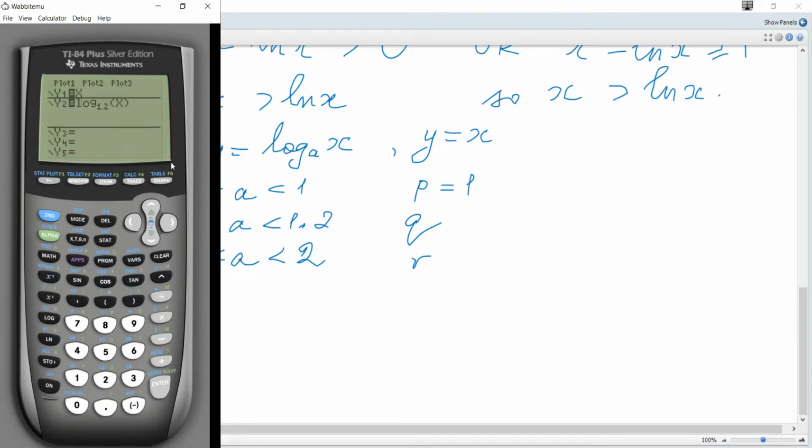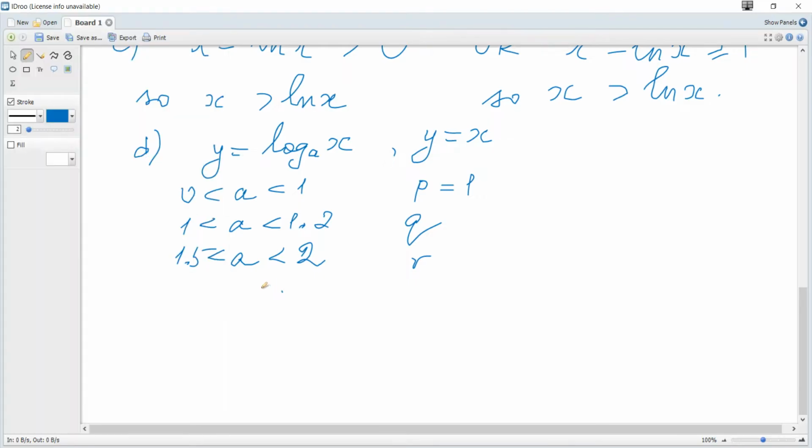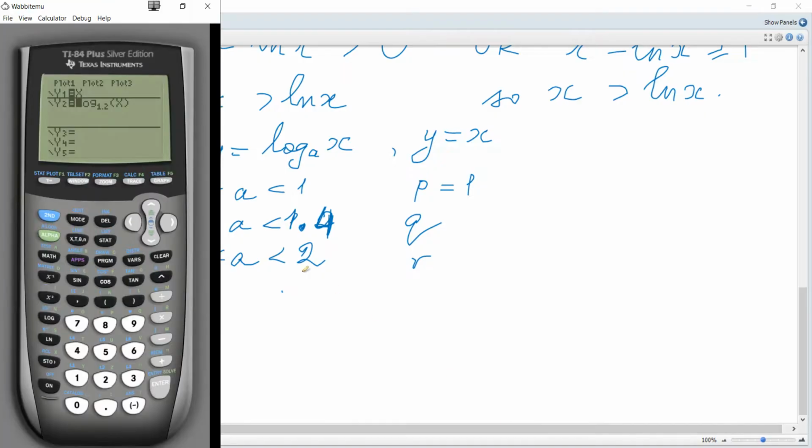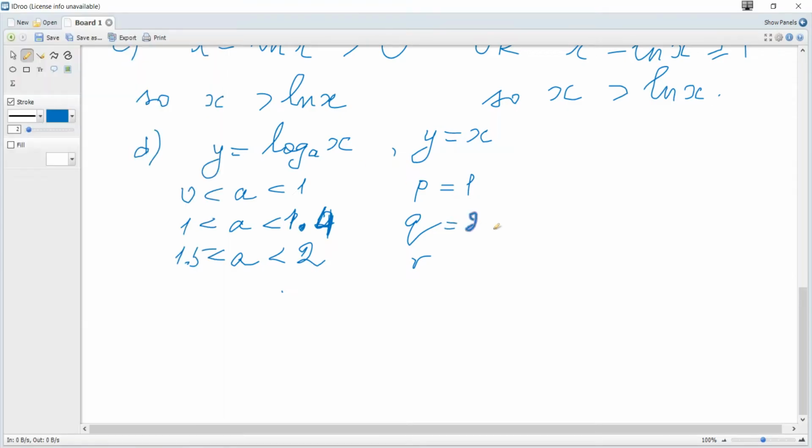And so when a is greater than 1 and less than 1.4, not 1.2. Yes, and for the second interval we can consider a to be equal to 1.2, window x from 0.1 to, for example, 20 for y values, and we can see that there are 2 points of intersection, so q is 2.